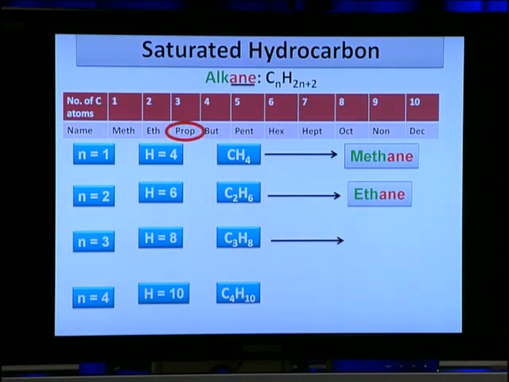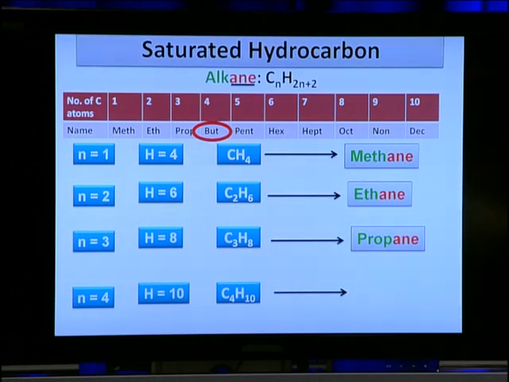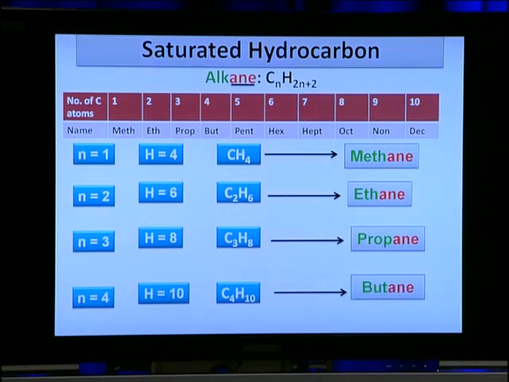Next compound we have is C3H8, which has 3 carbon atoms. So we add prefix prop and then add ane, it becomes propane. And likewise, the alkane with the formula C4H10 has 4 carbon atoms.